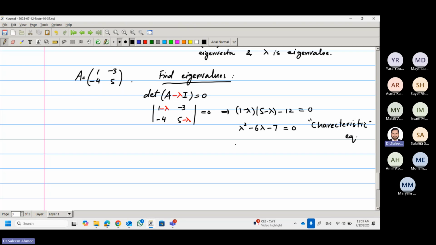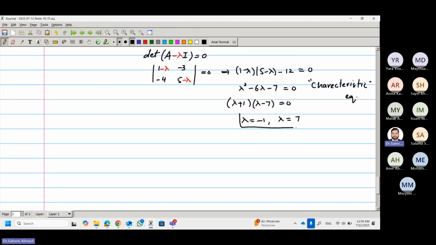Now if I solve this, I will get lambda. Lambda plus 1, lambda minus 7. These are the factors. So lambda equal to minus 1 and lambda equal to 7. These are the two eigenvalues. Okay. So you got the eigenvalues.